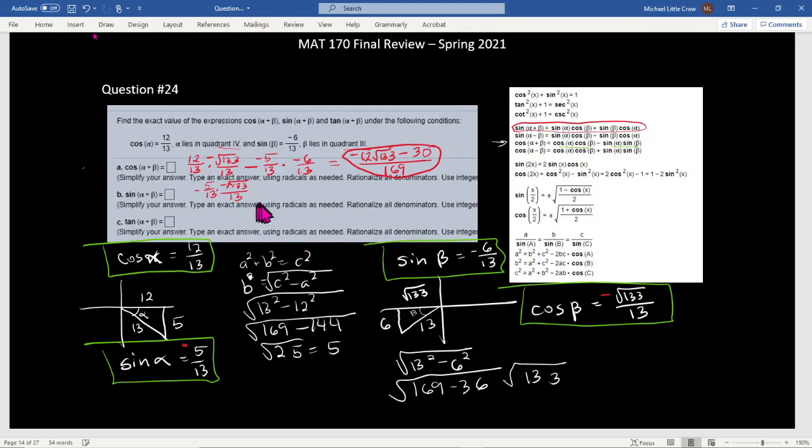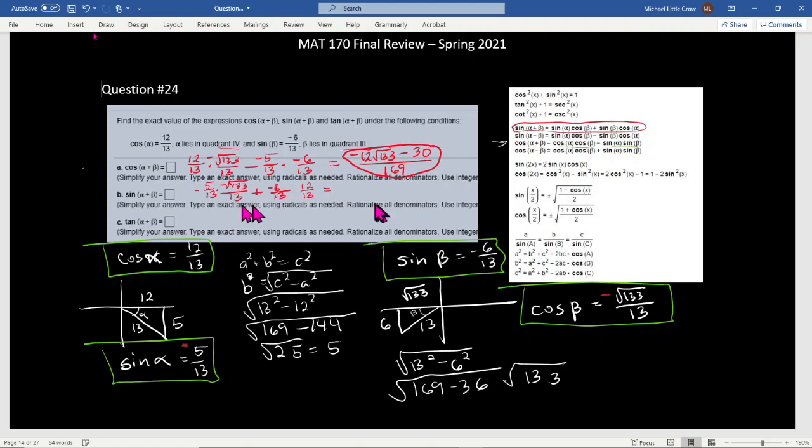We're multiplying. And then the plus has a plus in between, so we're going to add this, and then we get the sine of beta, which is negative 6/13 times the cosine of alpha, which is positive 12/13.